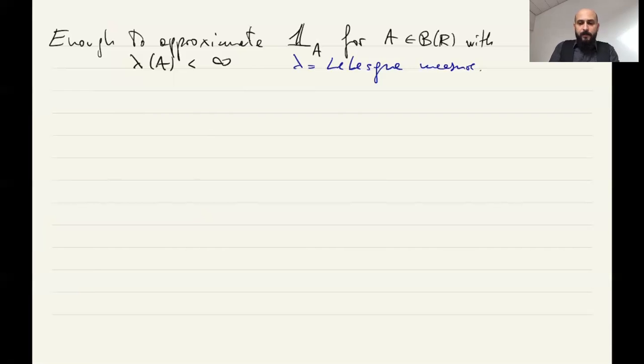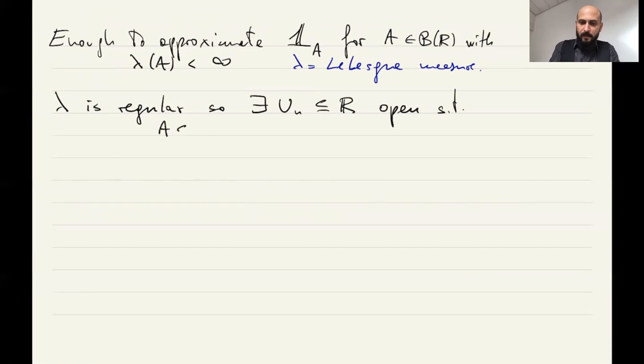Okay, so let's use the fact that lambda is a regular measure. Actually, most important is that it is upper regular. So the set A can be approximated with a sequence of open sets U_n such that A is inside U_n, and the measure of U_n minus A goes to 0 as n goes to infinity.